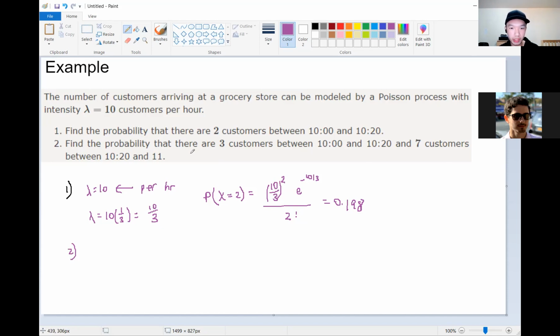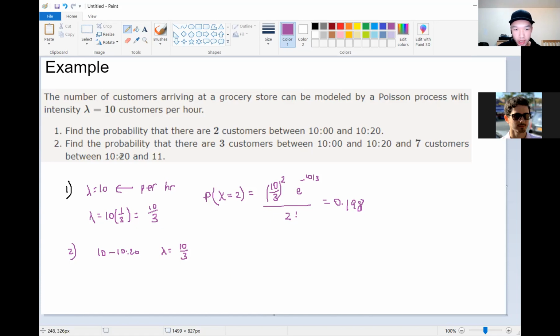Find the probability that there are 3 customers between 10 and 10:20, and 7 customers between 10:20 and 11. So we have to think of this in 2 separate intervals. Between 10 and 10:20, we already established that lambda is 10/3.